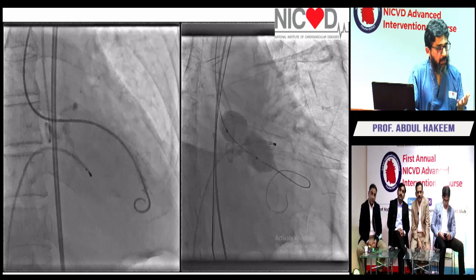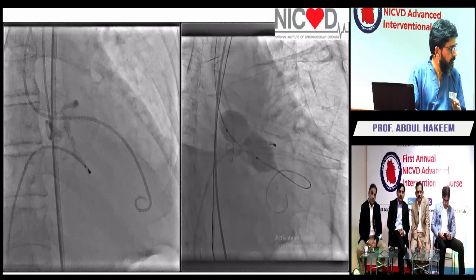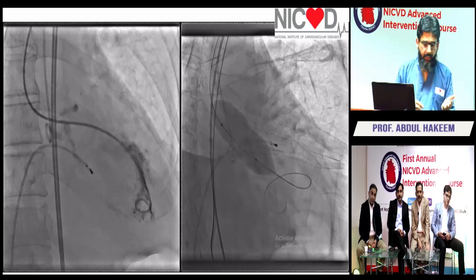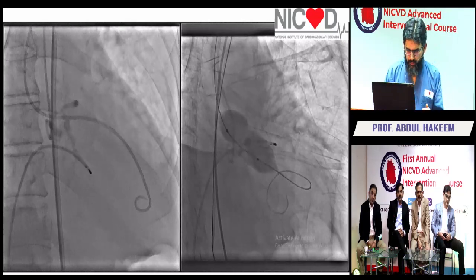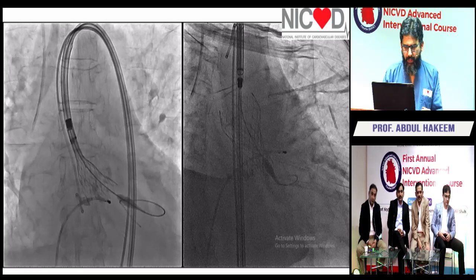Whether it has good outcomes or not, their LV recovers right away. So we did a BAV, I forget if it was 20 or 22, and then we took 29.